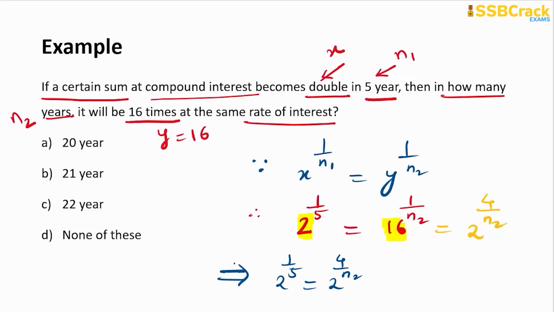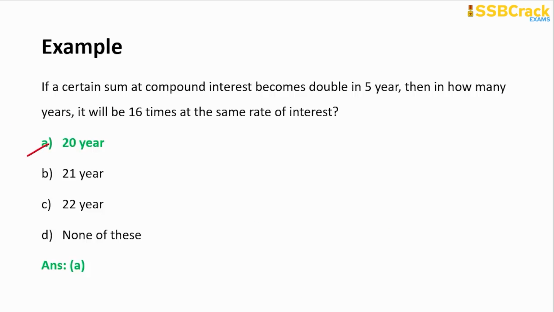As bases are the same, the indices have to be the same in this equation. So hence 4 by n2 is equal to 1 by 5. By cross multiplying you could see the answer. n2 has to be 4 fives, which are 20. And hence the correct option for this particular question is option A, 20 years.